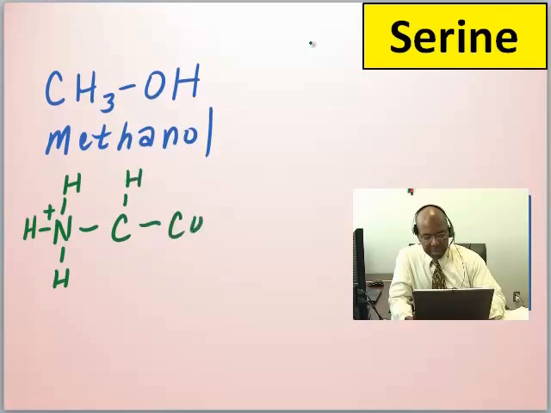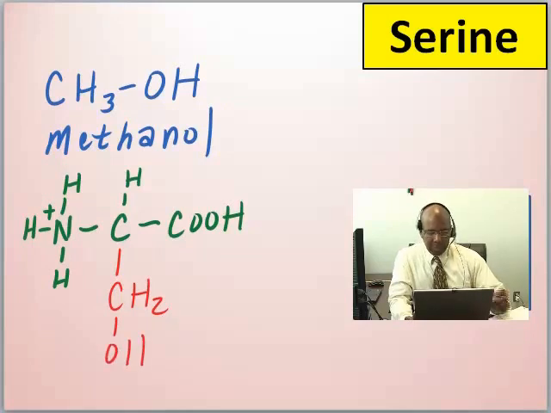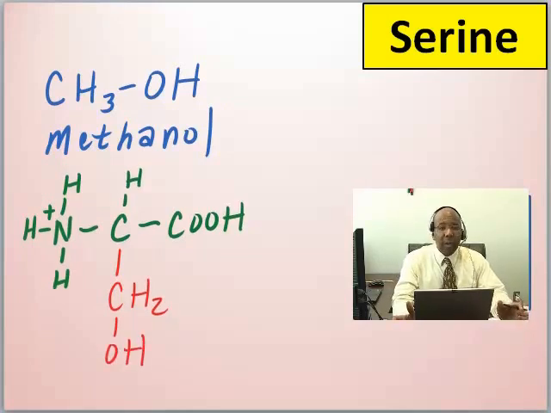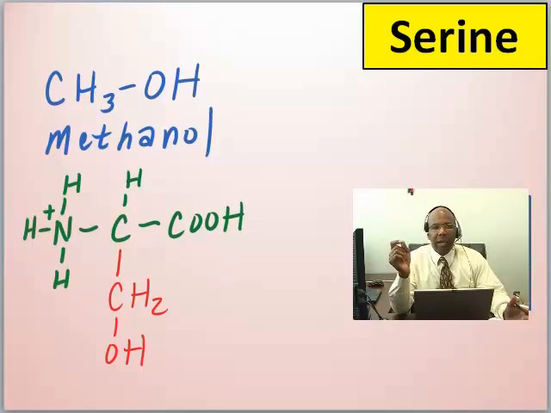The carboxylic acid group. And CH2OH. There's our methanol group. And this is the amino acid serine.